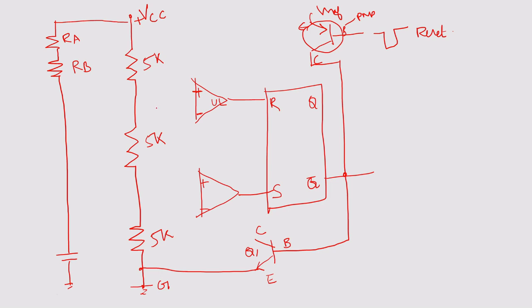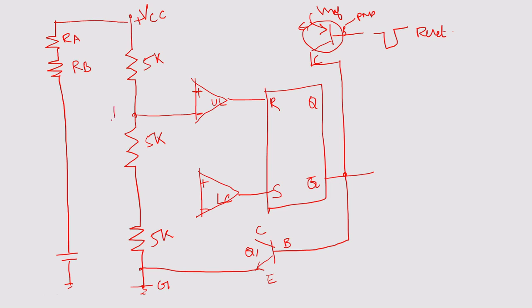Now the connections. In the upper comparator you have a non-inverting and an inverting terminal, and in the lower comparator you also have a non-inverting and an inverting terminal. In the upper comparator, the inverting terminal, that is minus, should be connected to this divider network.